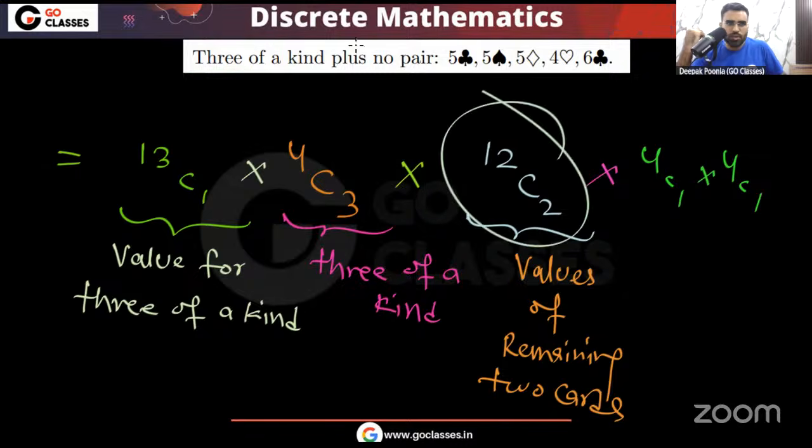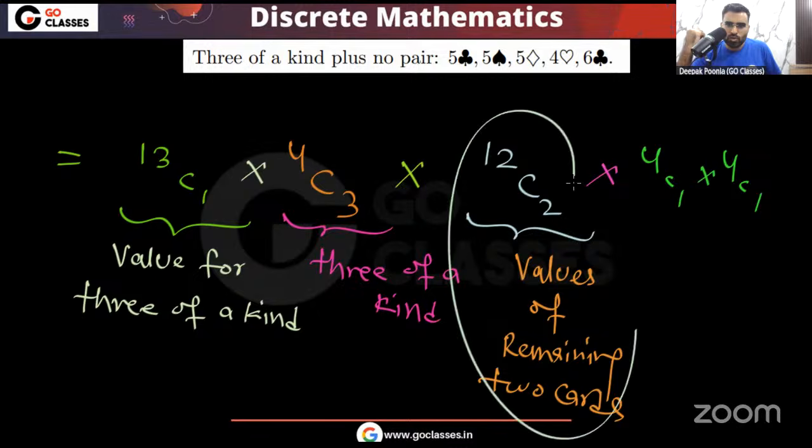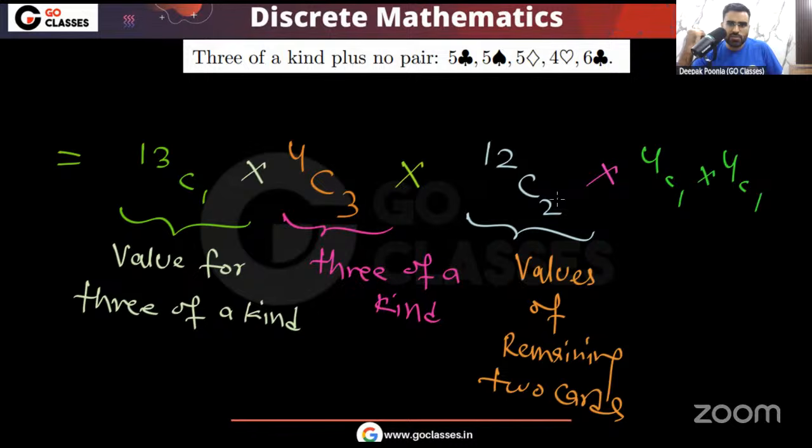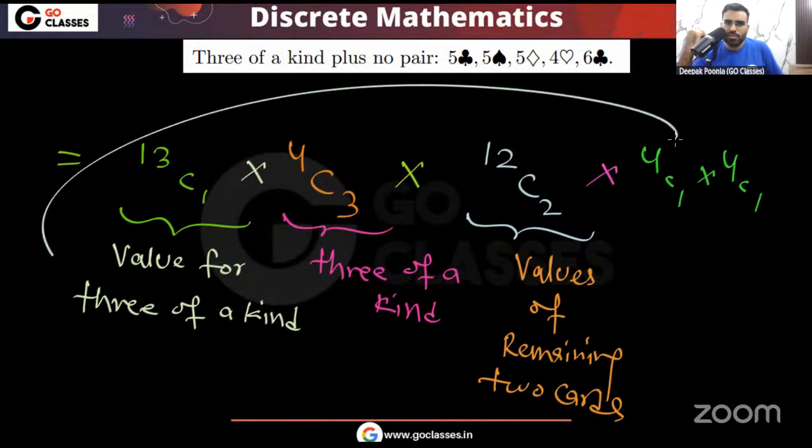So from the remaining 12 values, you choose 2 values for the remaining 2 cards. Then for each value there are 4 cards in the 4 suits, but I just want one of them. So 4C1 into 4C1. Okay, so this is the final answer.